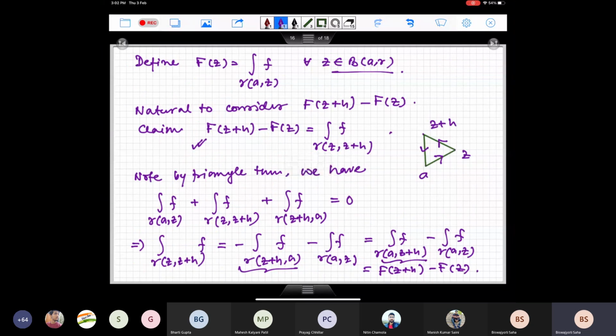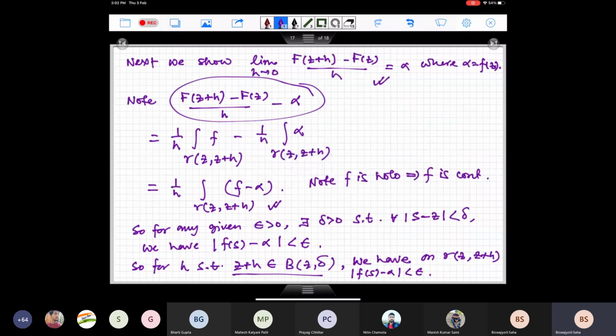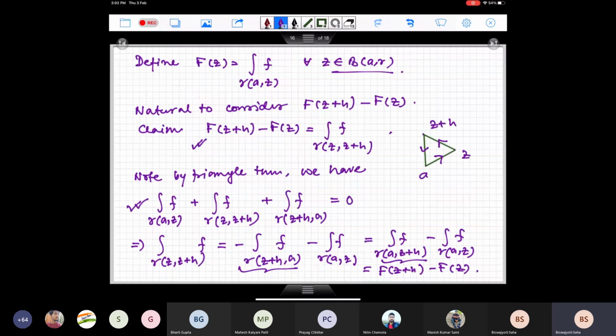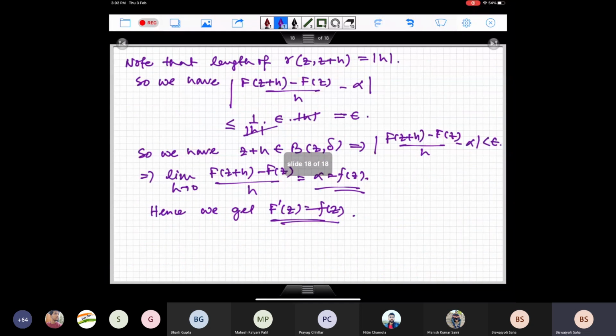The first was that we applied the triangle theorem for f, and we had seen that for the triangle theorem we needed holomorphicity. Another place where we used the continuity of f.